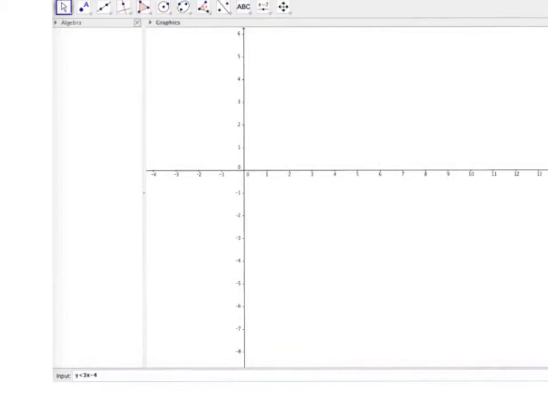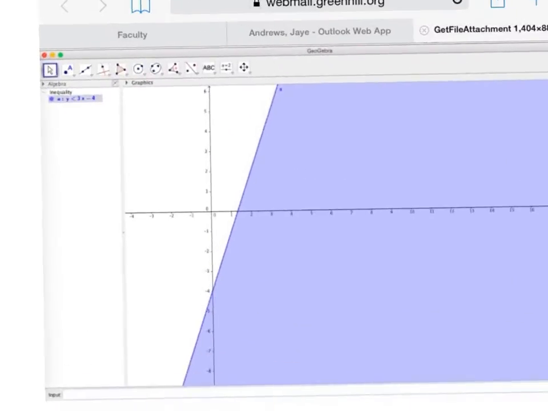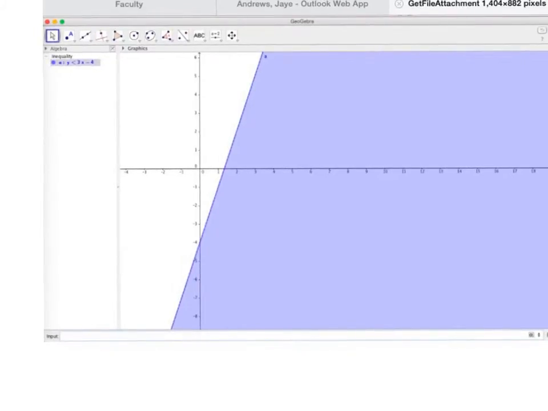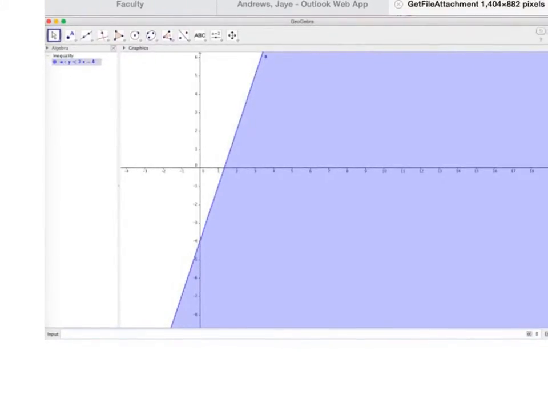And then hit enter, and when you hit enter, we go to the next page and you'll see what happens. Then you have this show up, and this is what a linear inequality looks like when you graph it. You'll notice that this part of the graph is blue, and the line is actually a dashed line.